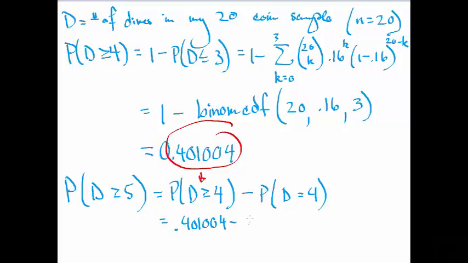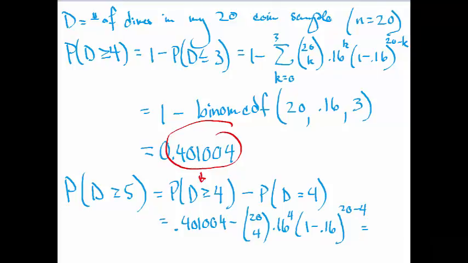0.401004 minus the chance that D is exactly 4, which is 20 choose 4 times 16% raised to the 4th power times 1 minus 0.16 raised to the 20 minus 4, like so.